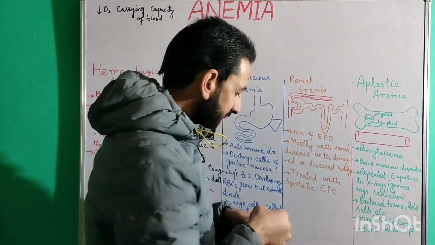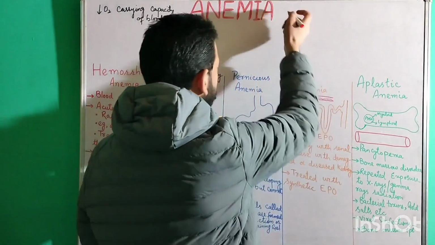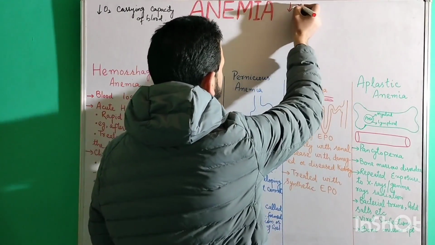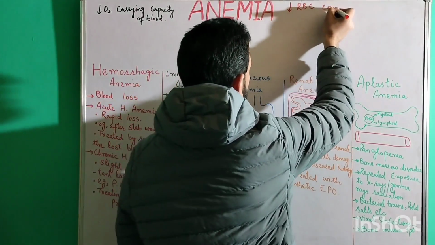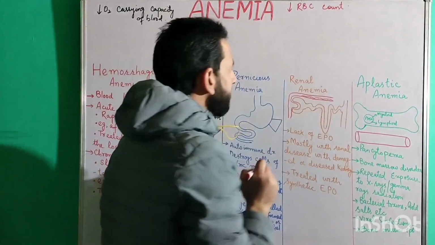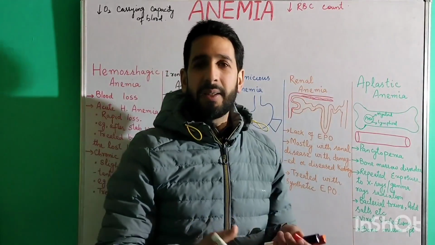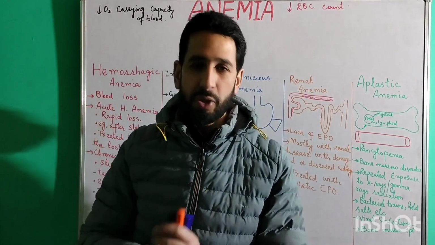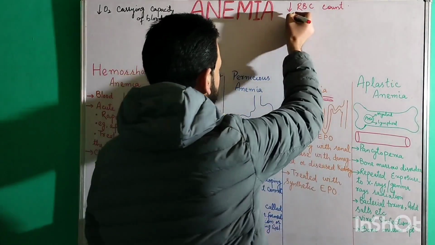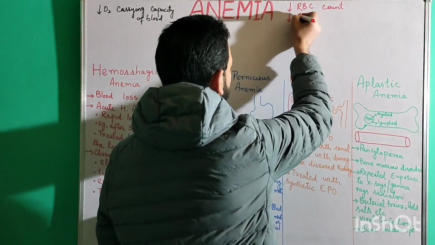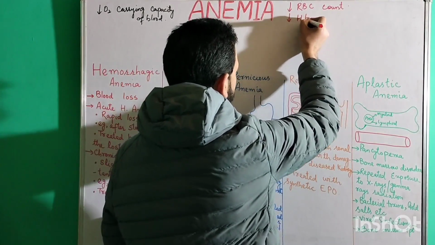One is if there is decreased red blood cell count, decreased RBC count. So if there is decreased RBC count, definitely the oxygen carrying capacity of the blood is going to decrease. The second thing is if there is decreased hemoglobin content in the red blood cells.